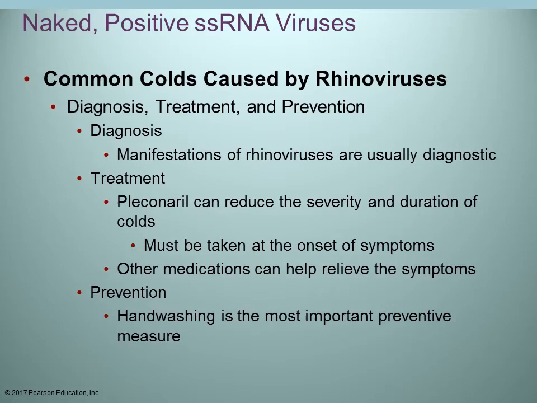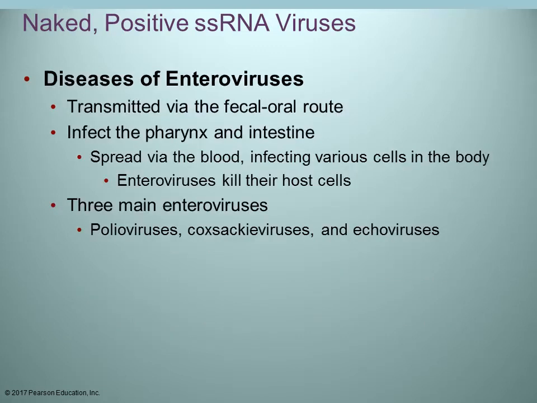How are you going to diagnose it? Usually by the symptoms. Treatment, there's some medicine that can help reduce the severity, help reduce the duration of it. However, it must be taken at the very beginning of the onset of symptoms. There are other medications that can help relieve the symptoms. Prevention, hand washing. Wash those hands.